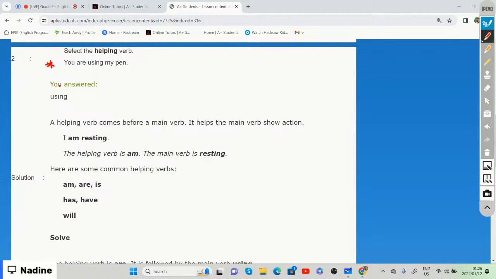And if we select the helping verb within the sentence, we can say are is our helping verb. And the word using is our main verb.